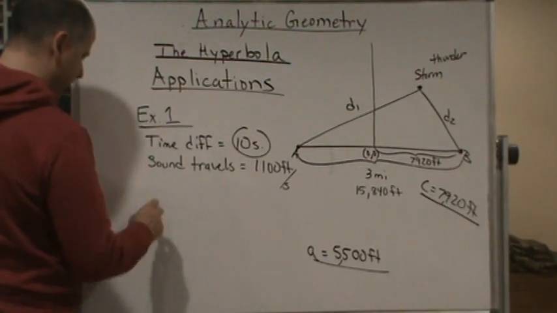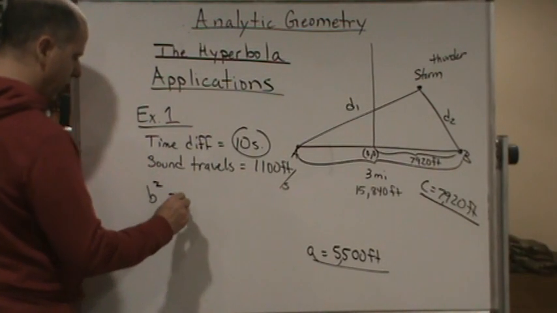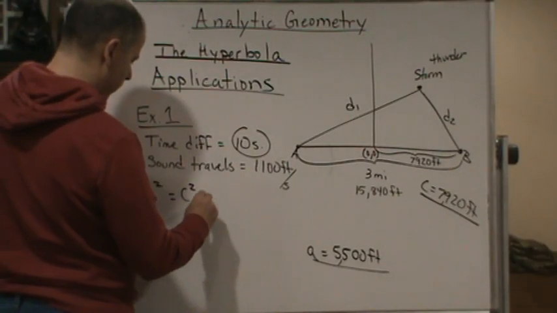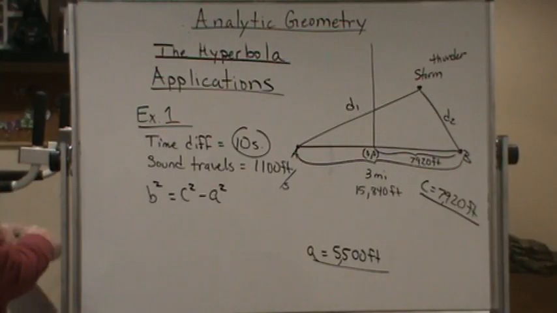Okay, so b is where we use our formula. b squared equals c squared minus a squared. So this is where we're going to use our calculator.